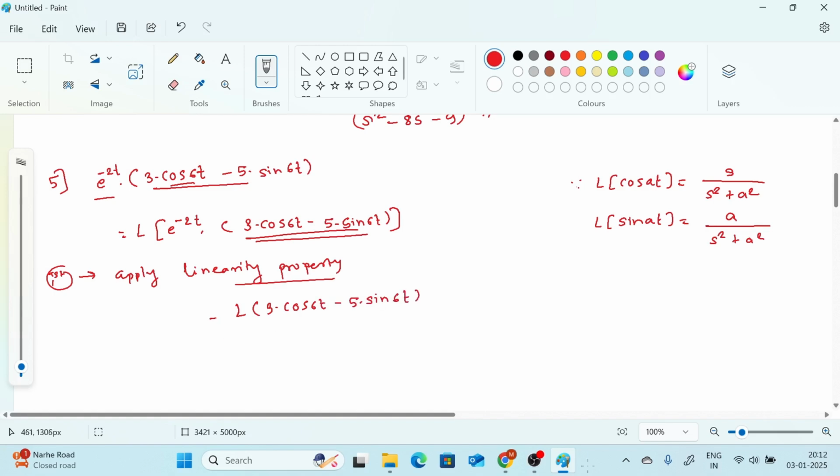So after applying the linearity property in this equation, what I will get? I will write 3 outside because it's a constant. Laplace of cos of 6t minus, I will keep 5 outside because it's a constant, sine of 6t, right? So what I will get here?